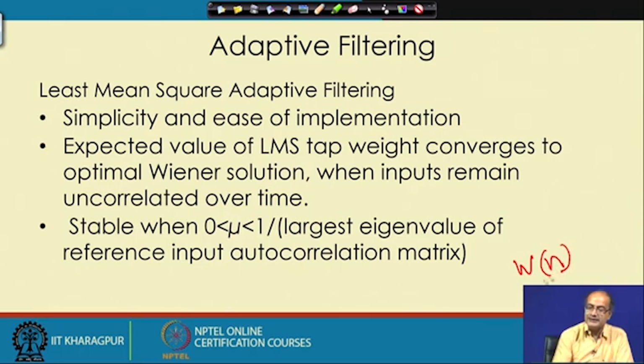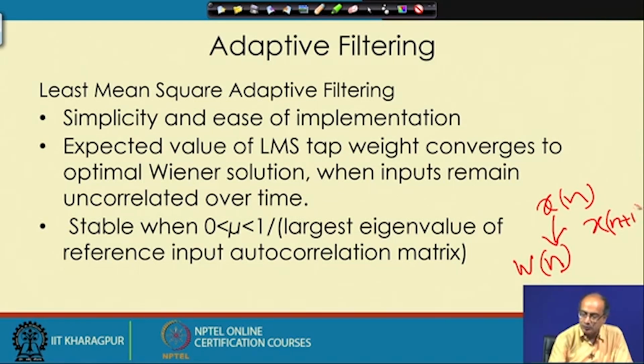Once we get x n, we need to compute W n before the arrival of x n plus 1. So one sampling period is the maximum time we have to compute the weight.